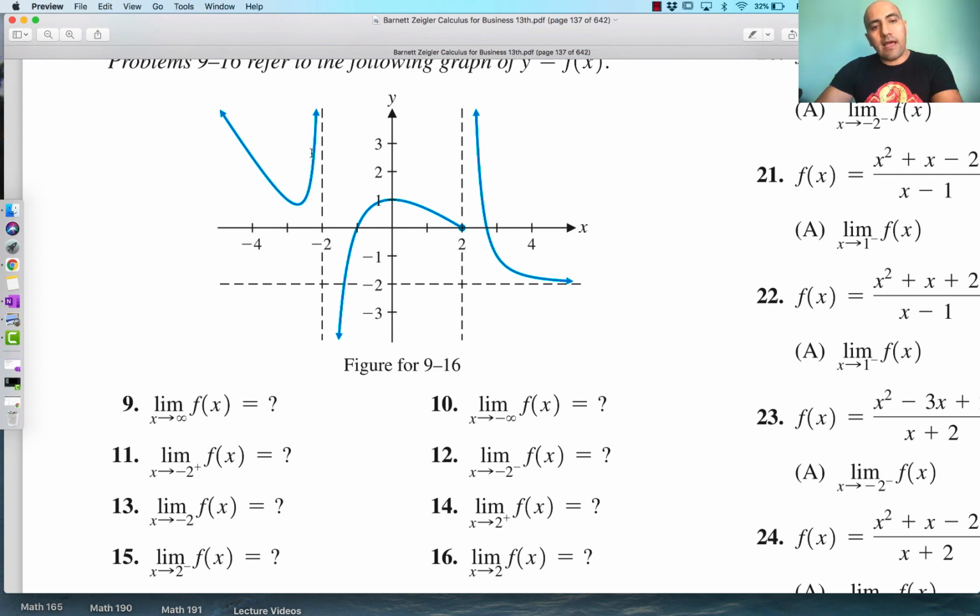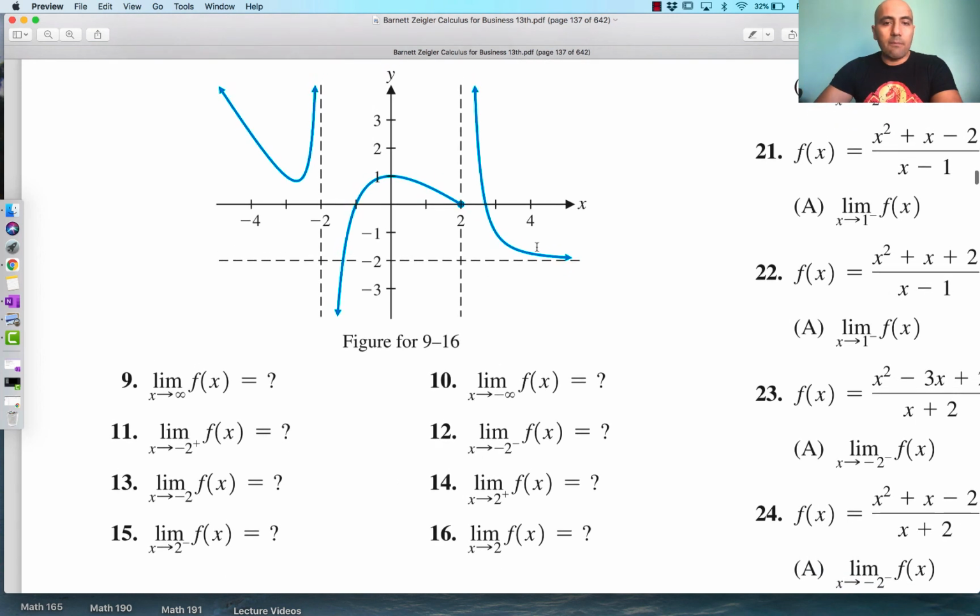We can see that our graph is growing toward positive infinity from one direction, and from the other direction, as x approaches -2 from the right-hand side, we can see from our picture that it's growing this way. Okay, so hopefully these are okay. You can just interpret them based on our graph here.